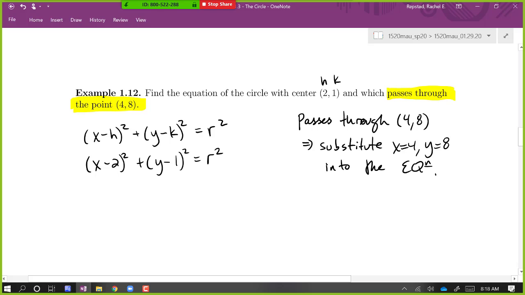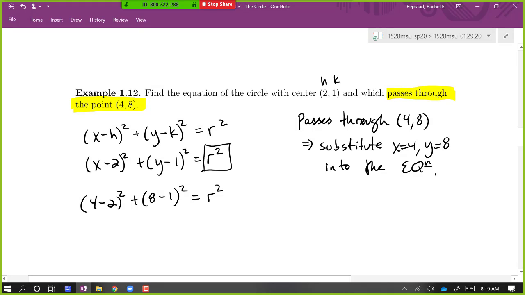So that looks like 4 minus 2 squared plus 8 minus 1 squared equals r squared. And now all we have to do is a little bit of arithmetic, and we'll know what r squared is. Then we don't even need to figure out r, right? All we need is r squared to plug in right here.